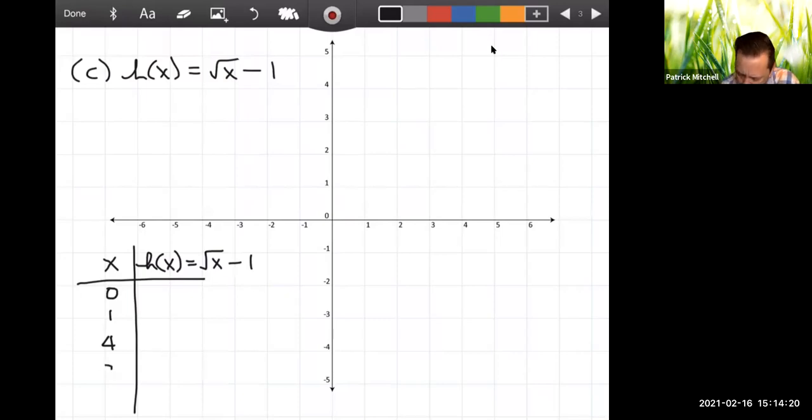But I am going to put 9 on here. My graph does not go all the way out to 9. I tried to find a background that didn't have the numbers already marked on there because then I could have marked them off any way I wanted to. And there will probably come a time that I'm going to need to do that, but I think we can get around it this time. All right, 0, 1, 4, 9. So let's make 4 copies of this function, leaving out the x.